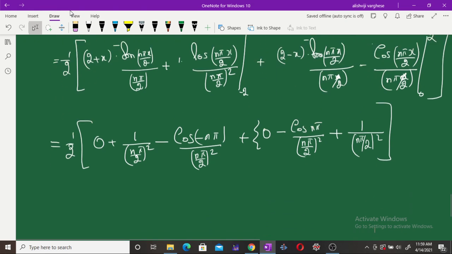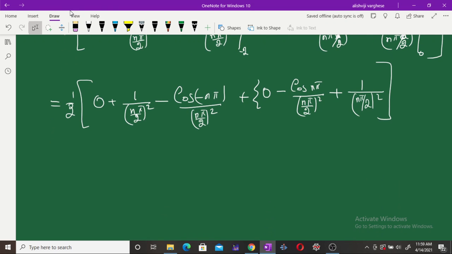And now we just accumulate the terms which have a non-zero value.